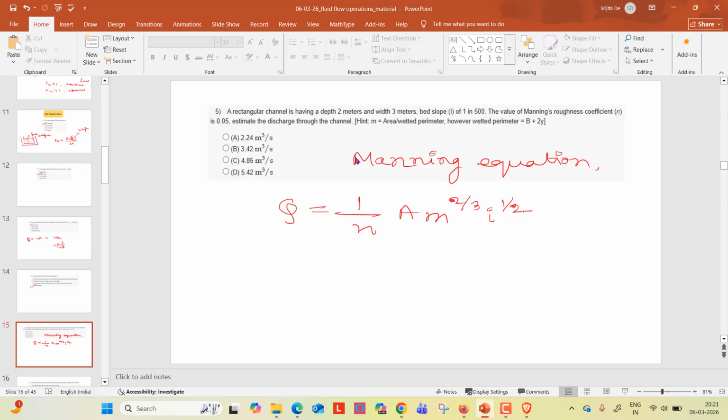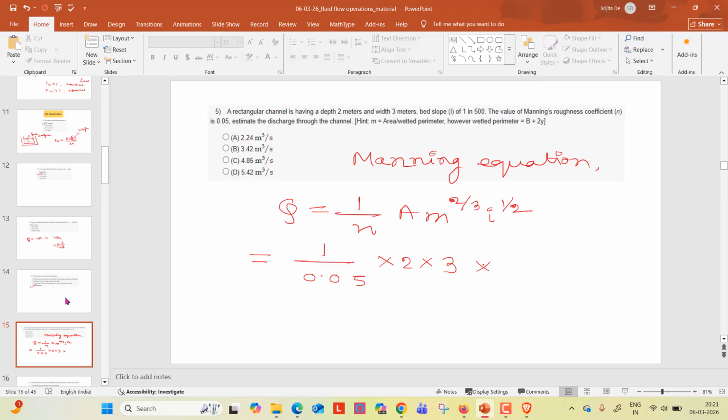So now you have got everything. Area is given, N is also given, it is 0.05, right? A is 2 into 3.